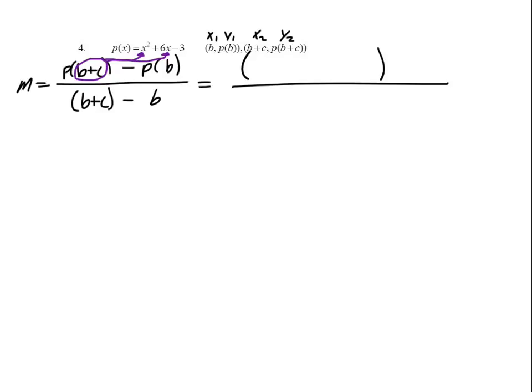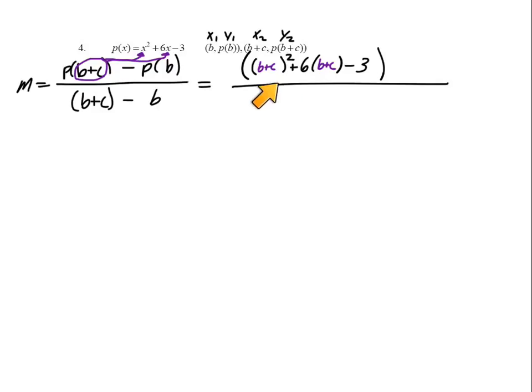So I'm going to start with x squared plus 6x minus 3. And then notice, leave a blank again. And for the x, I just write b plus c. Where we see an x, b plus c. So one point I want to make, there are no more p's in this equation, right?